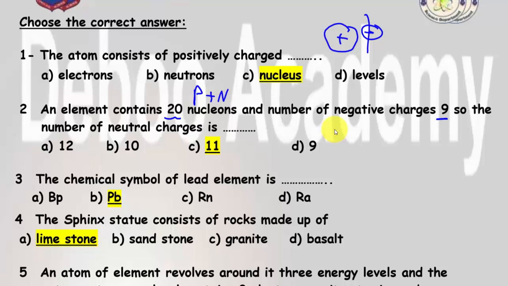We said, dear students, that the number of protons equals the number of electrons. So we have 9 protons. So 20 minus 9 equals 11. So the answer will be 11.